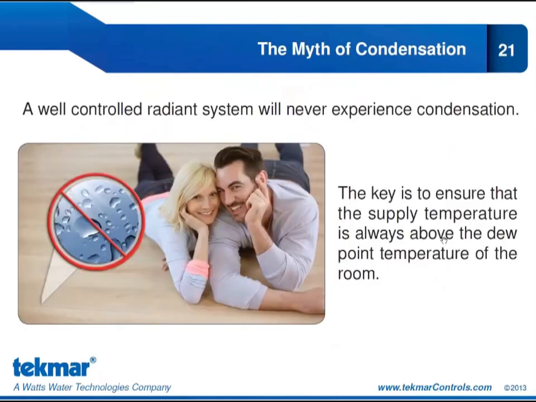Condensation has to be one of the greatest obstacles when we start talking about radiant cooling. And it's important to remember that a well-controlled radiant system will never experience condensation. The way we do that is by constantly measuring the relative humidity in the space. And once we have that relative humidity measurement, a control is able to use that measurement to calculate the dew point temperature in the room.